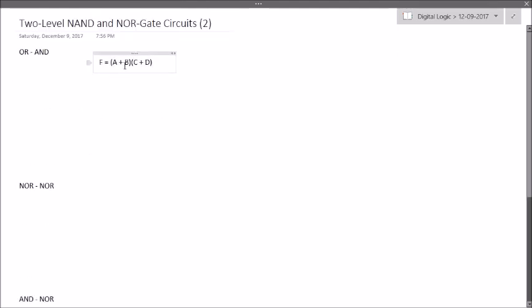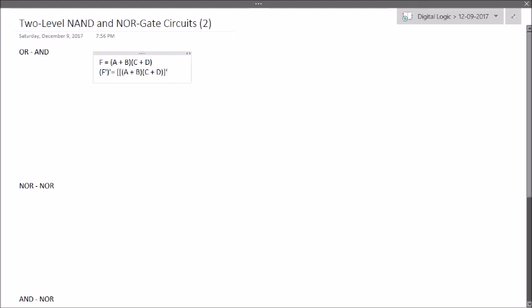So how would you turn an OR AND circuit into a NOR circuit? Well, you would apply the same steps we did earlier. So first, we turn it into a double prime, F double prime, is equal to this, everything at double prime.